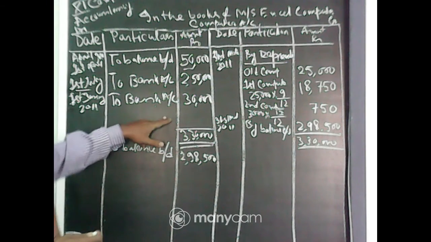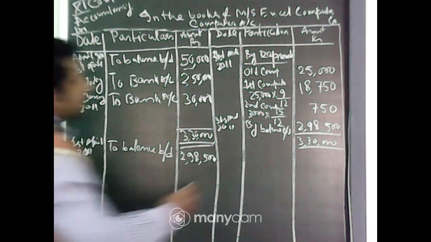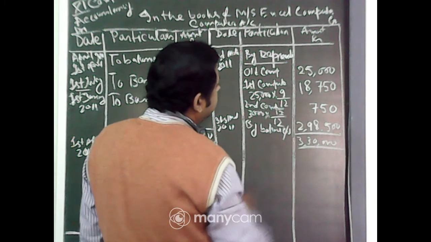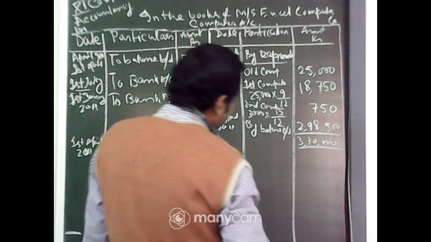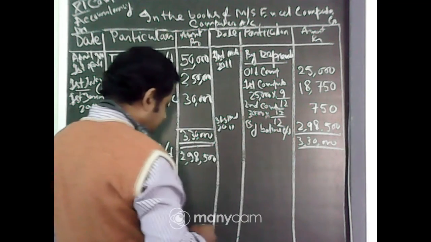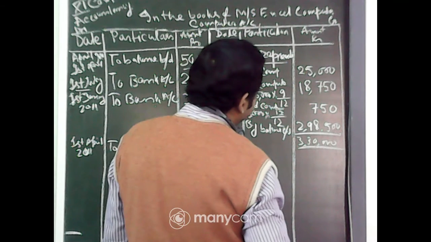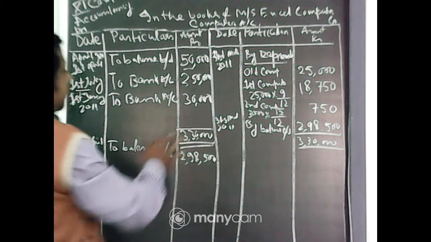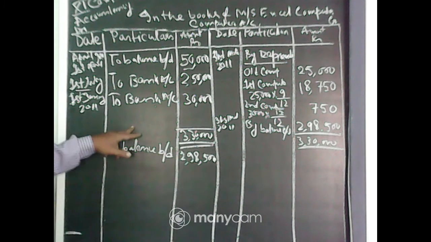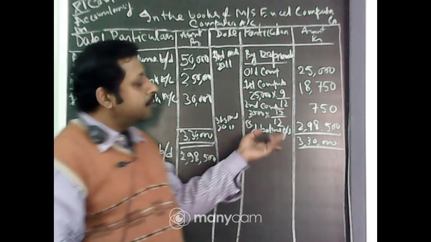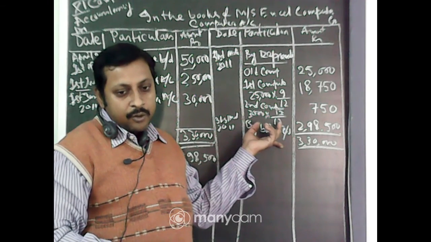Here the debit side is greater, because 25,000, 18,750 and 750, then 44,100, and here is 3,30,000. So, this debit side is more. So, which side is less, on that side the balance will come.